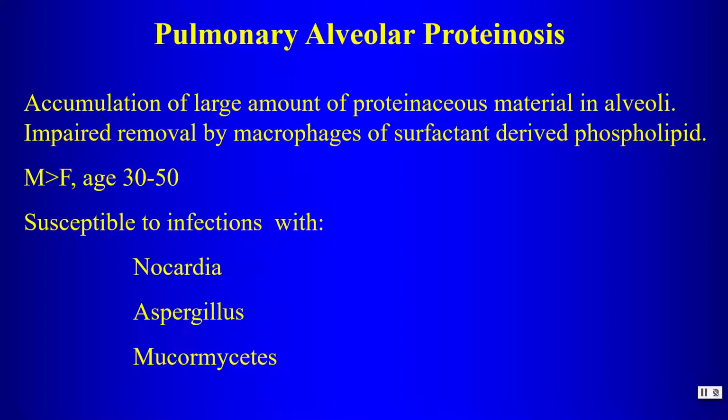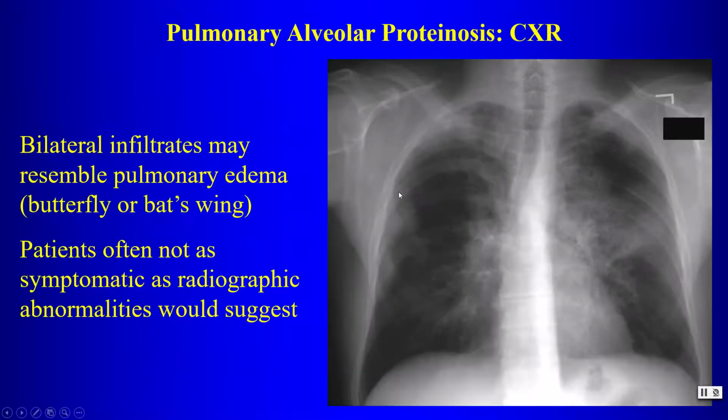These patients are susceptible to infection with nocardia, aspergillus, or just regular mold. We might see bilateral consolidations on the chest radiograph, which might resemble pulmonary edema. Often the patients are not as symptomatic as the radiograph would suggest, so the x-ray looks much worse than the patient.